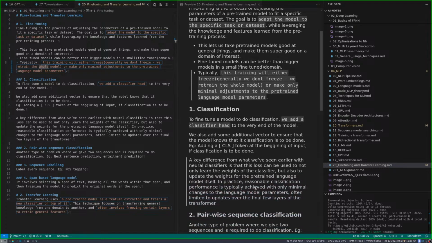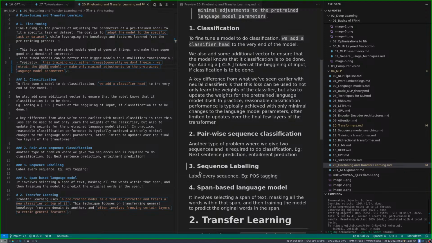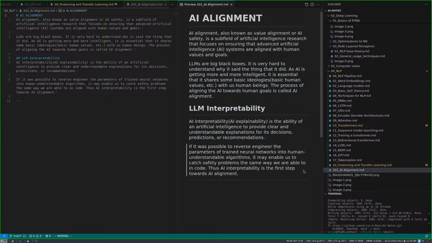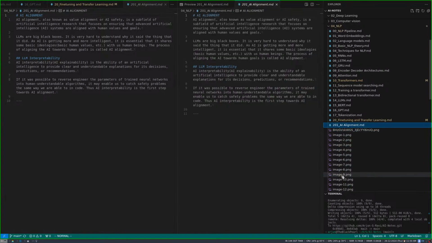Classification, we can classify if you want, whereas sequence labeling depends on the topic. All good.